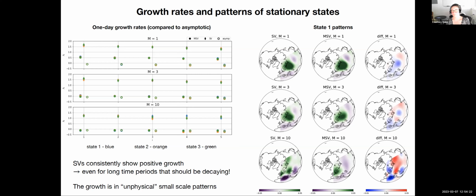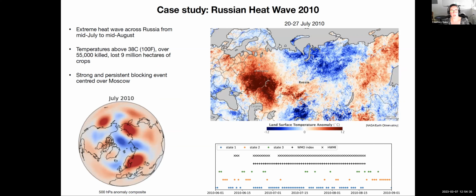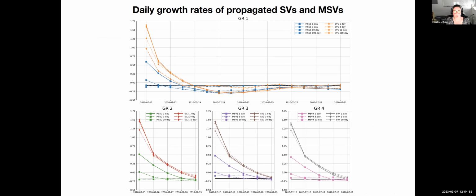That growth is pretty unphysical, and you have these unphysical small scale patterns that you can see popping up in your singular vectors over 10-day windows. We also looked at a study of the Russian heat wave, to look at this persistent anomaly over Russia and how it propagated over a few days, and compared how the singular vectors and the mixed singular vectors capture this.